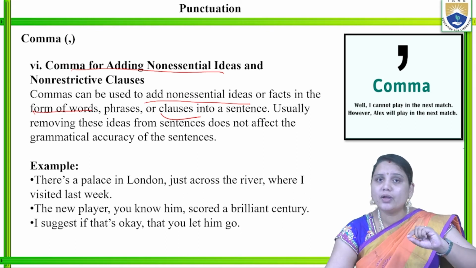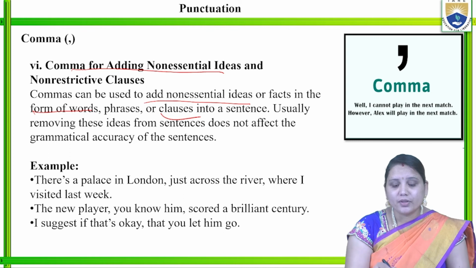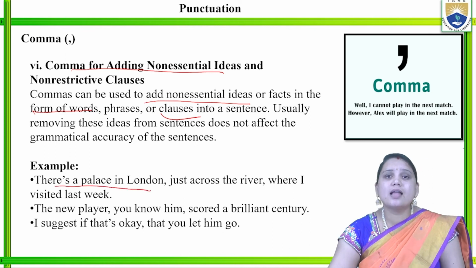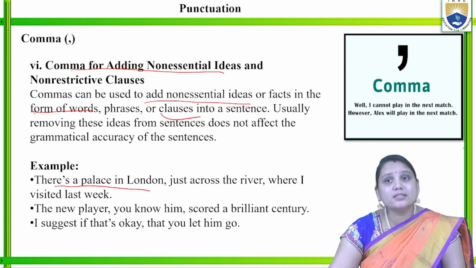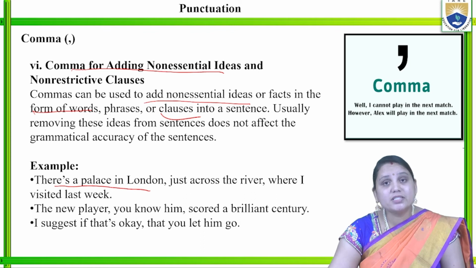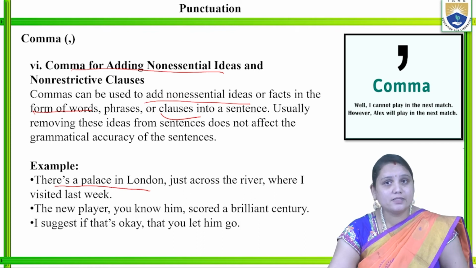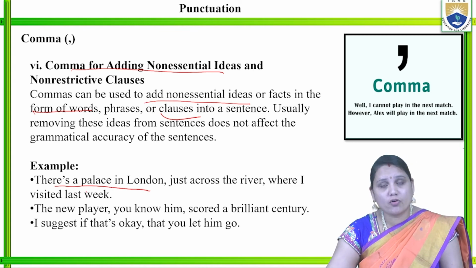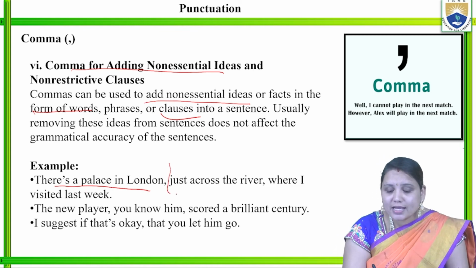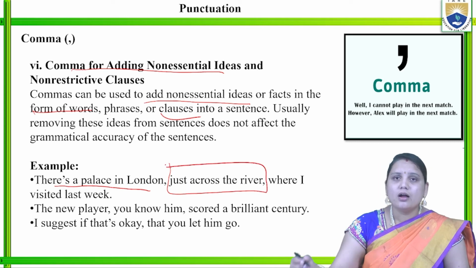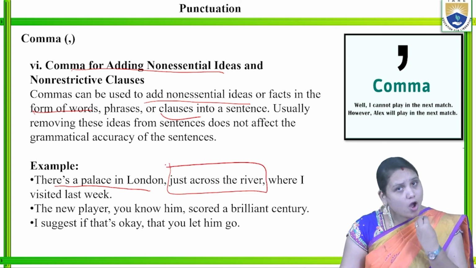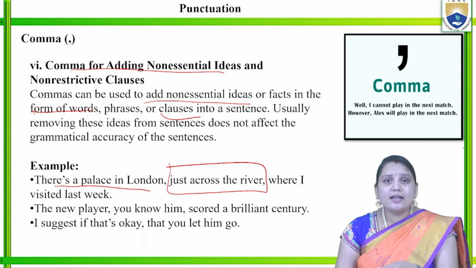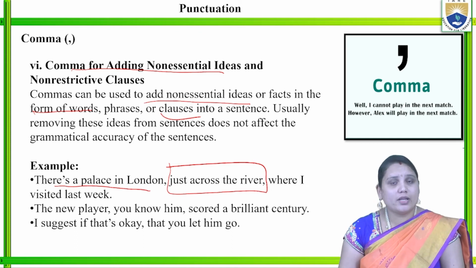Now, let us look into it with some examples. There is a palace in London, just across the river, where I visited last week. See, there is a palace in London, just across the river. Now, just across the river, though if you're not using it, this sentence can stand alone, isn't it?